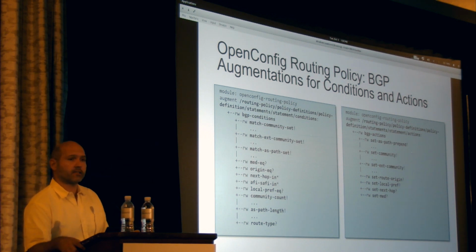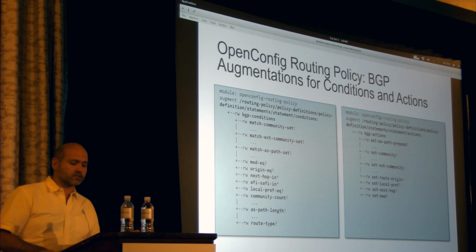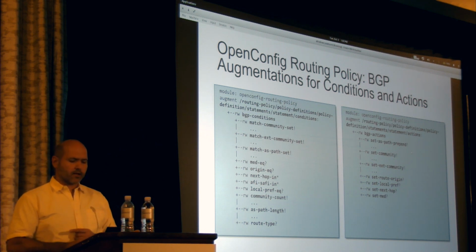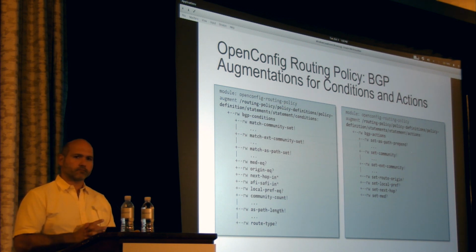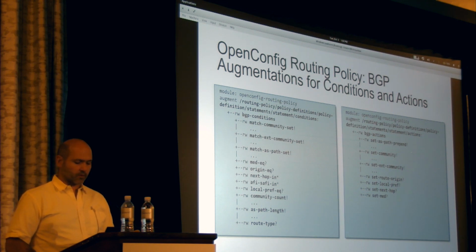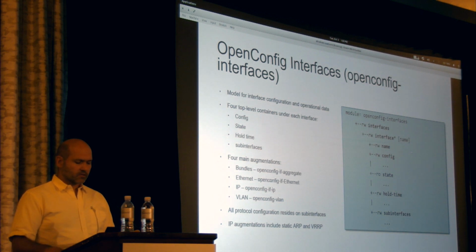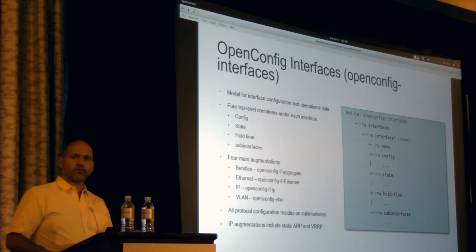On the right-hand side, you see the augmented actions: setting AS path prepend, setting a community, an extended community, etc. Pretty straightforward. Again, if you're familiar with BGP and routing policy configuration, this should be something that you can easily relate to. Any questions on the BGP or routing policy so far?